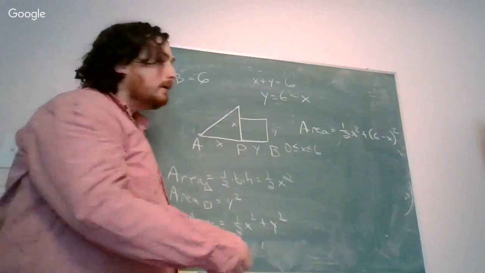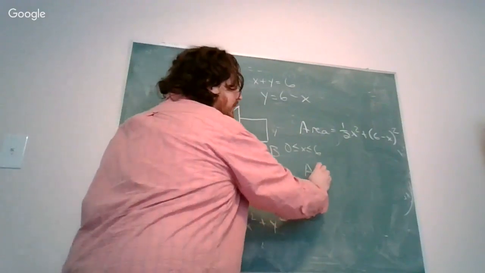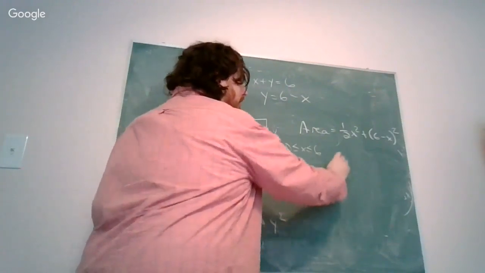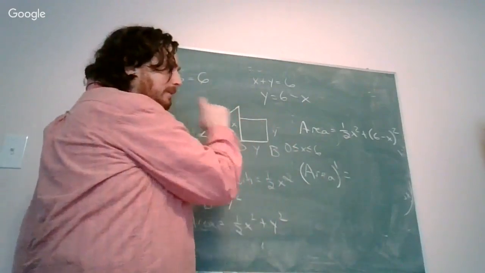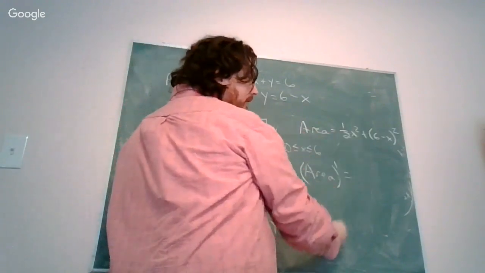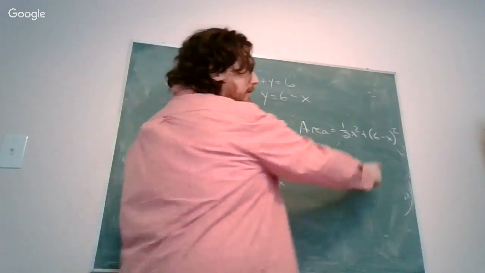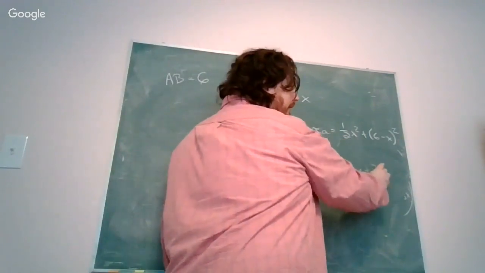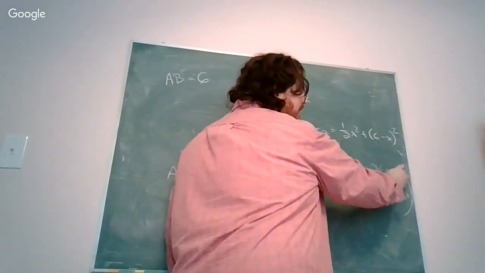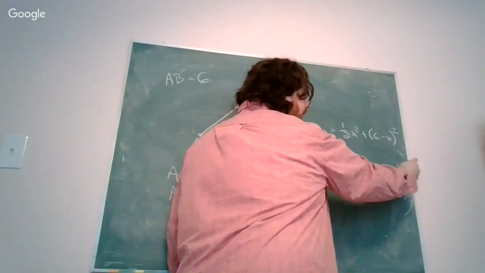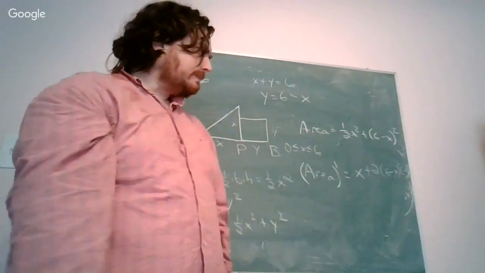find the derivative. So the derivative, or the area prime, is just going to be, well, the derivative of 1/2 x squared is 2 times 1/2 is 1, so x. The derivative of this is a chain rule, so the derivative of the outside is 2 times the inside to the 1 times the derivative of the inside, which is -1.